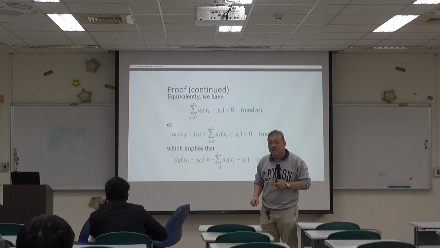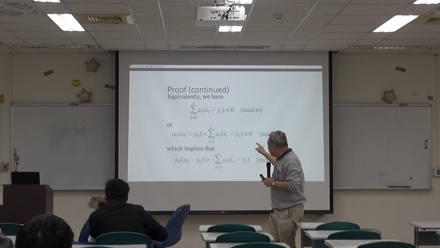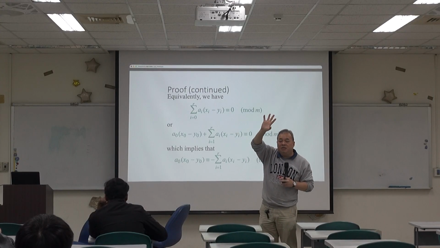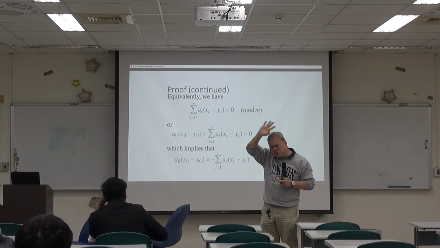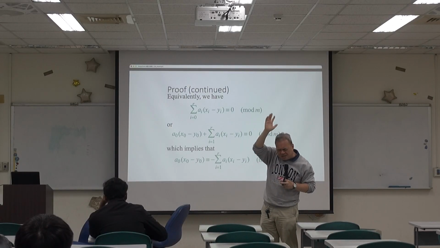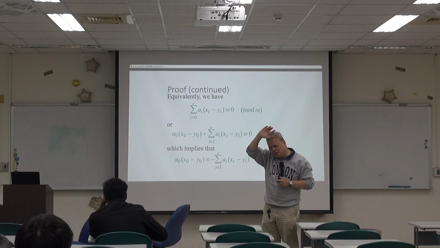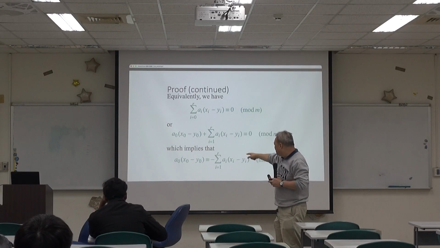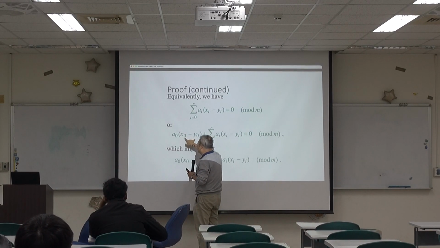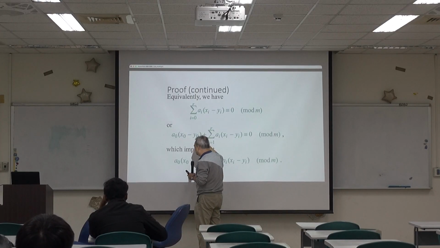The only thing I say is that x_0 and y_0 are different, because we assume x and y are different keys. Without loss of generality, we assume that at the first position they are different. So x_0 minus y_0 is non-zero.